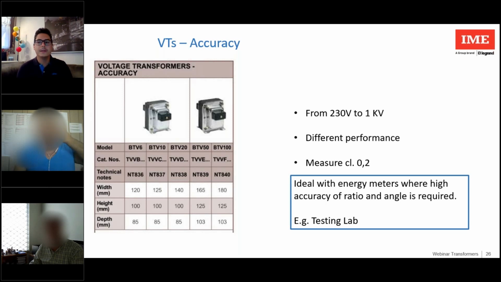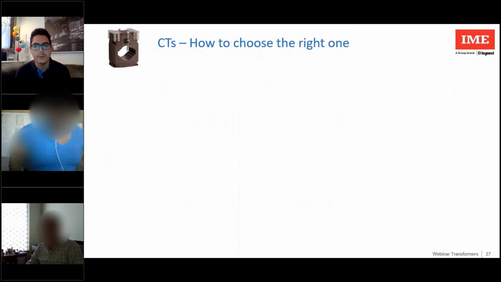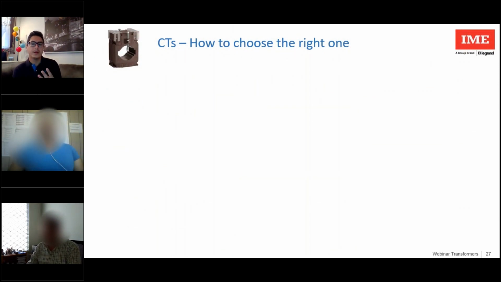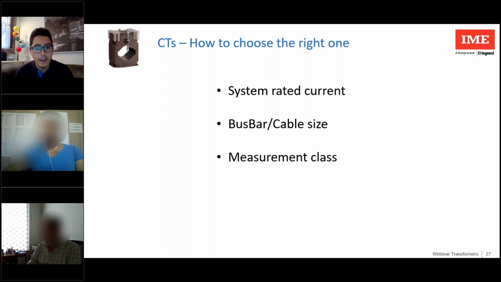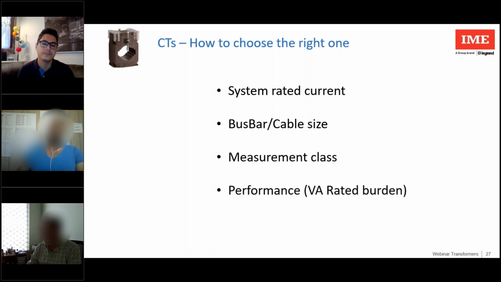Well, after this introduction to our range, how can I choose a correct CT or VT? Let's start from the CT. We have 4 parameters to keep in mind: system rated current, busbar or cable size, measurement class, and performance.